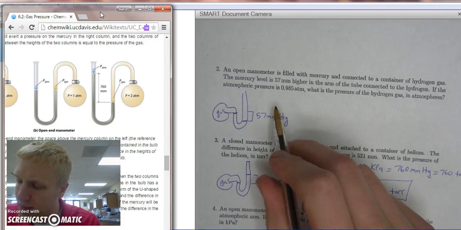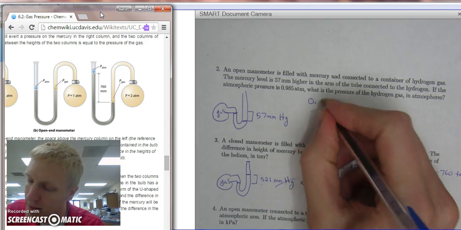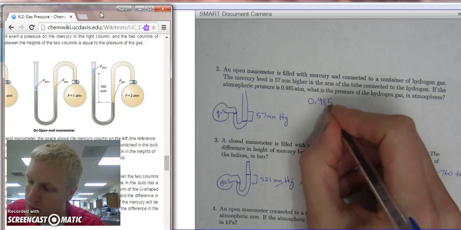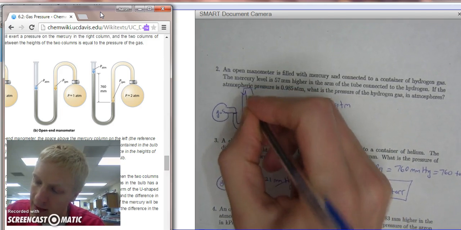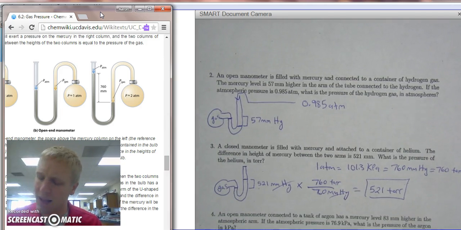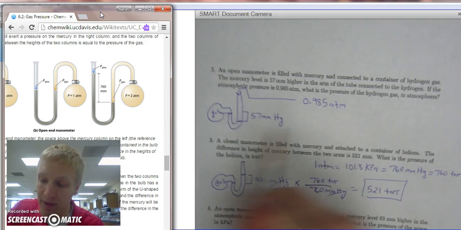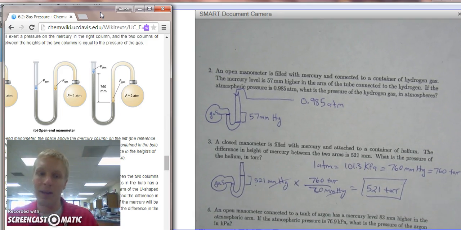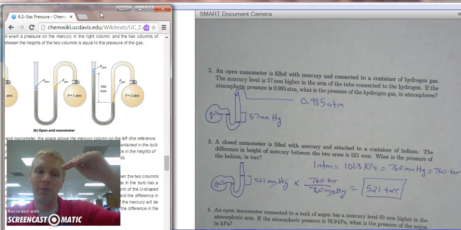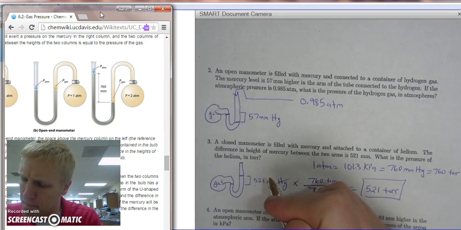Alright. If the atmospheric pressure is 0.985 atm, that's the pressure going down on it. I got to think, alright, which one is higher? My pressure in the atmosphere or my pressure in this gas chamber? So basically it's a tug of war. Whichever one is pushing down further is stronger.